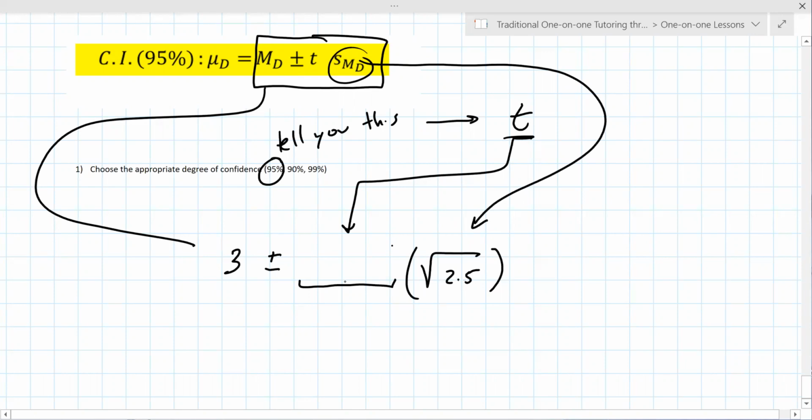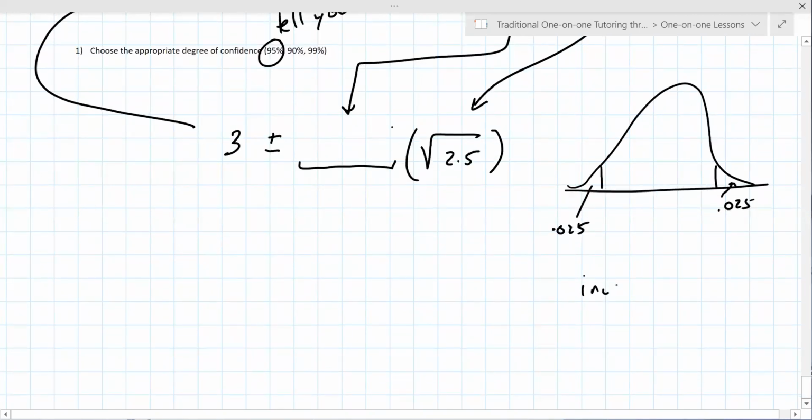Okay, this t, how do you get the t? Well, a 95% confidence interval means that there's half in each tail, 0.025 in this tail, 0.025 in this tail. So it's another one of those inverse t lookups. But you need your degrees of freedom. Your degrees of freedom in our problem was 5 minus 1 equals 4.